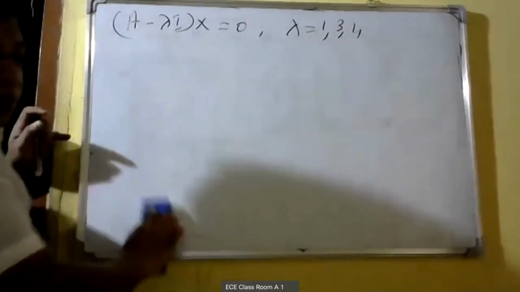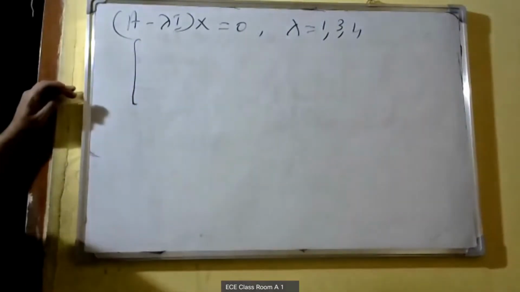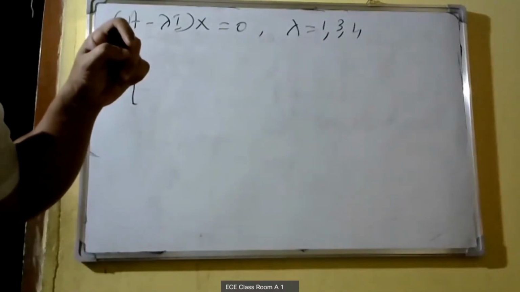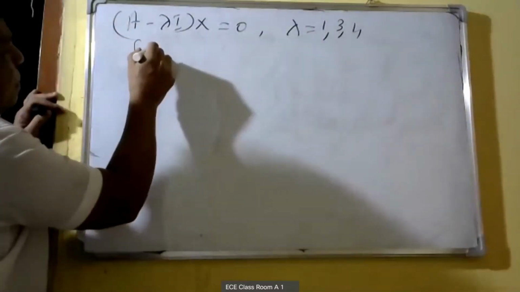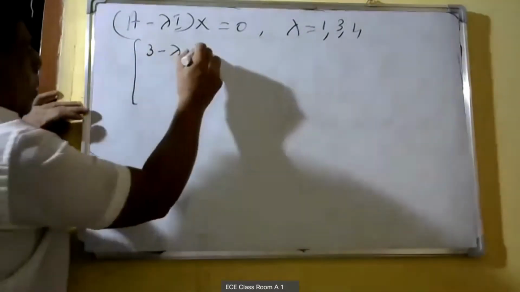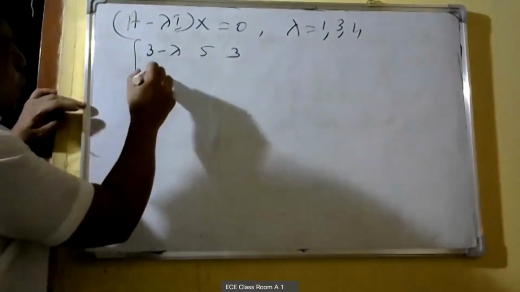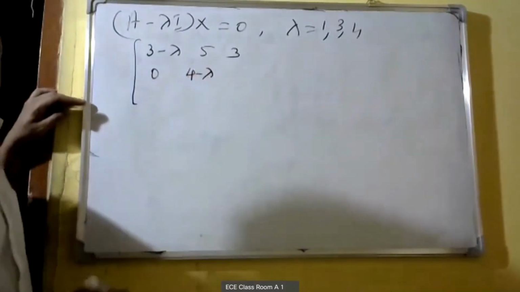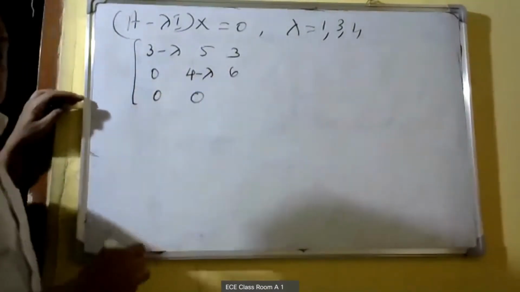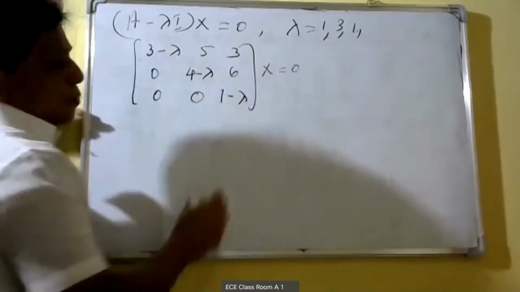Then A minus lambda I is equal to the matrix with rows: 3 minus lambda, 5, 3; 0, 4 minus lambda, 6; 0, 0, 1 minus lambda; times x is equal to 0.